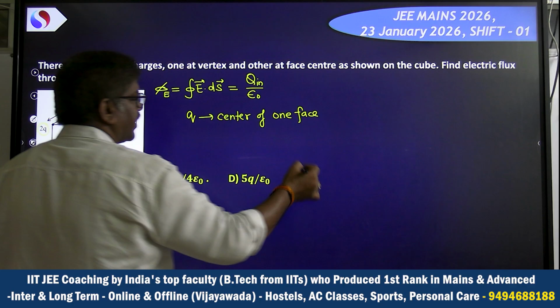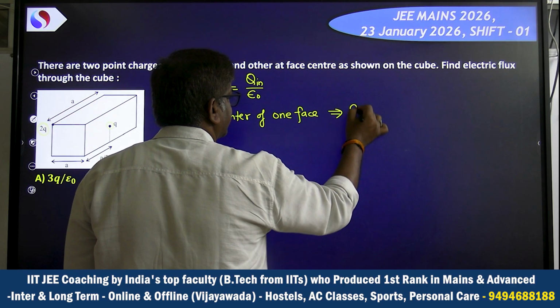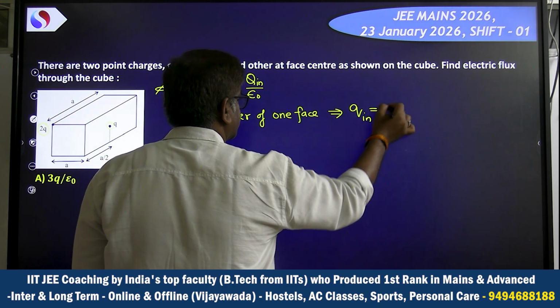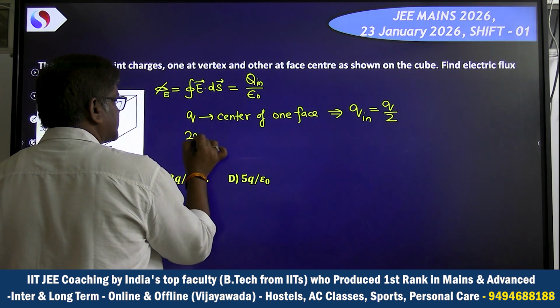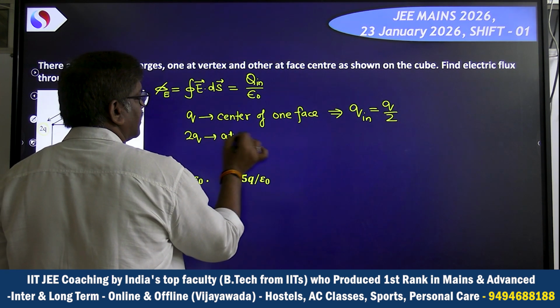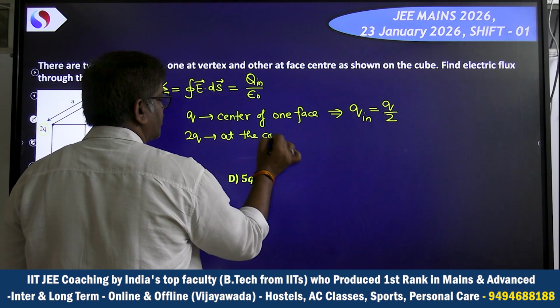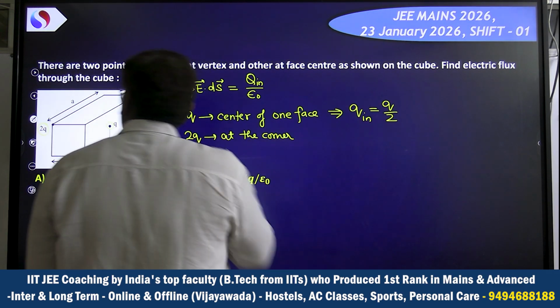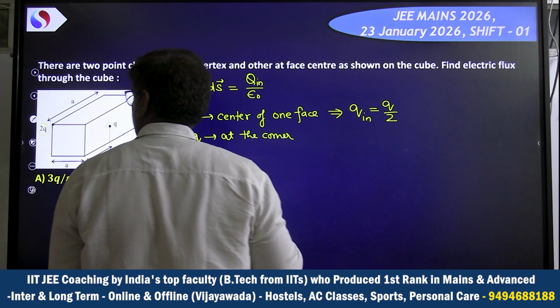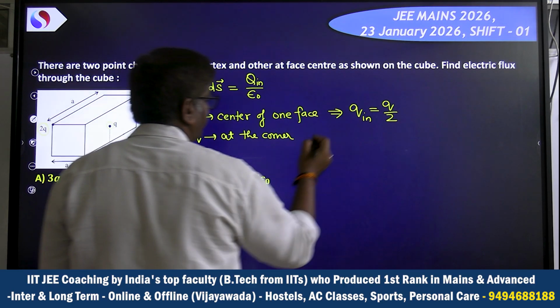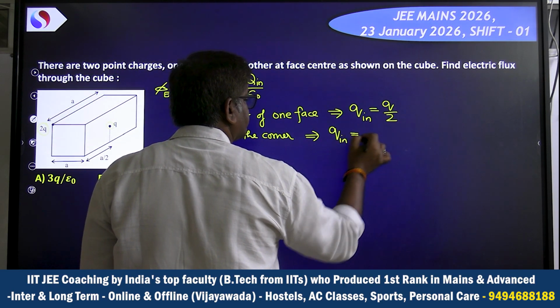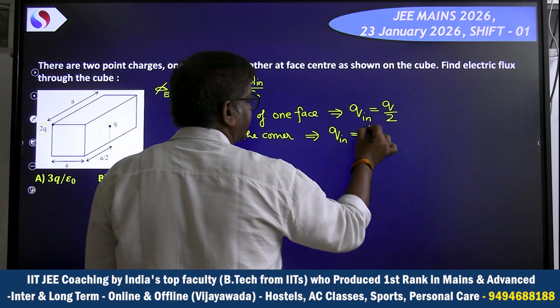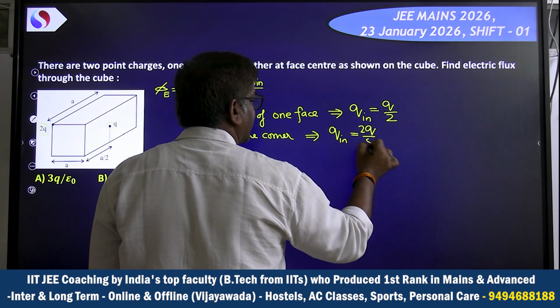That means its contribution for the inside charge is Q by 2. And one charge 2Q is placed at the corner of this cuboid. So its contribution inside is 1/8. So 2Q by 8, that is Q by 4.